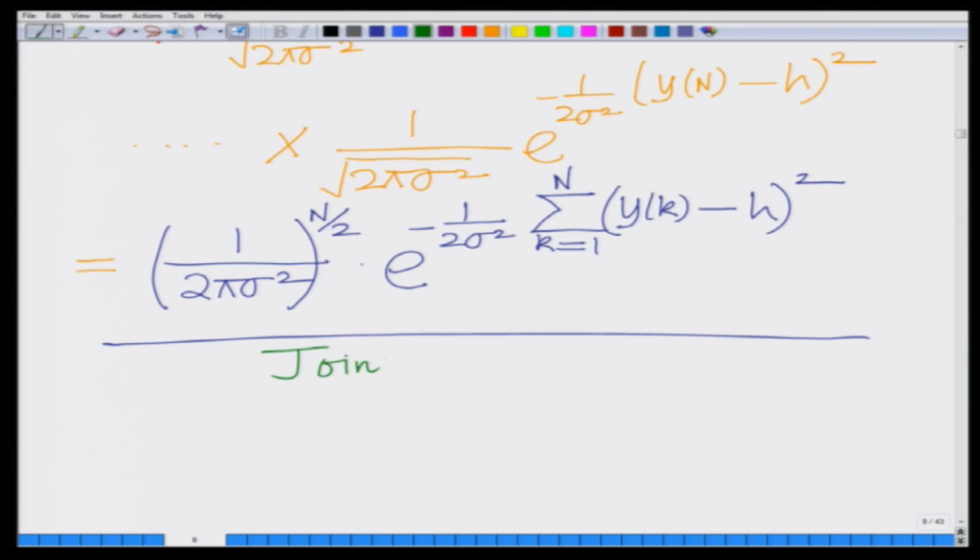This is the joint PDF of the observations y1, y2 up to yn.